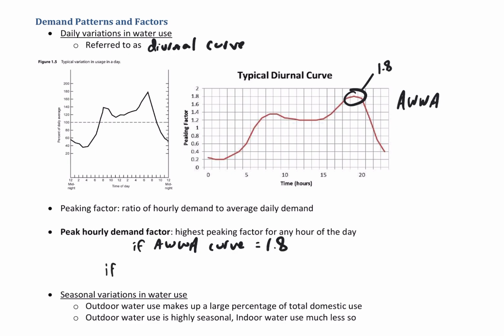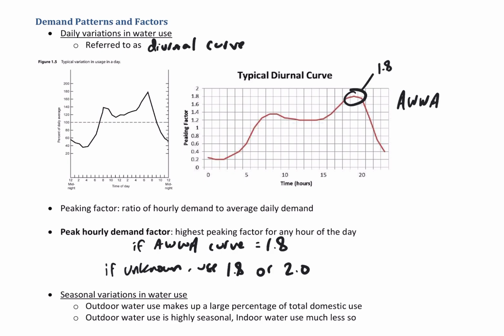But if it's unknown and we're not using AWWA, sometimes we use 1.8. Also 2.0 is a typical generic demand factor to use as well, peak demand factor. So whatever we come up with for our average day demand, if we want to know what is the peak hourly demand, we're going to multiply that by either 1.8 or 2 to get that hourly demand.